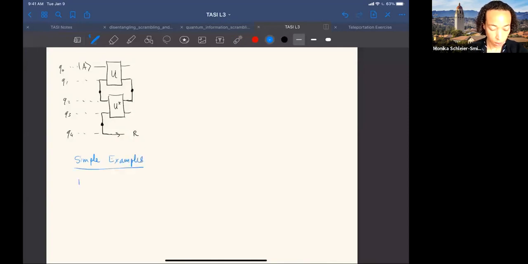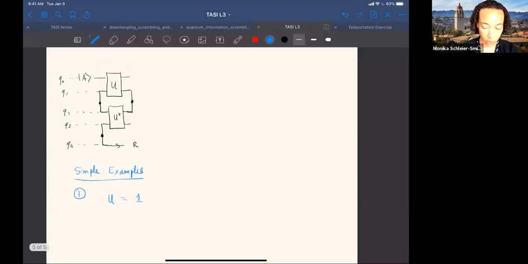First of all, let's consider the case where U is not something that scrambles, but is just the identity operator acting on 2 qubits. Maybe we can sketch that here. In the simple case where U is the identity operator, that basically means I take my qubit A and nothing happens to it.